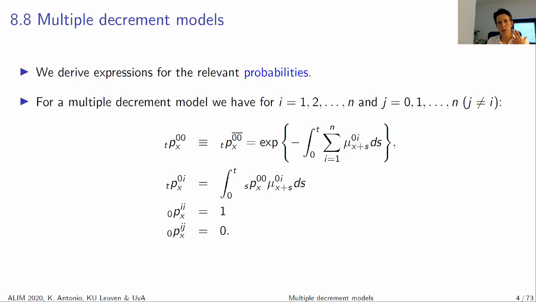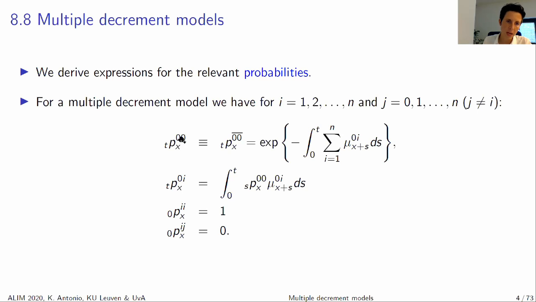Now, of course, if we want to think here about meaningful probabilities, starting from the expression for the transition intensities, what we can look at is the probability to stay during a period of length, say t years, in state 0, right?